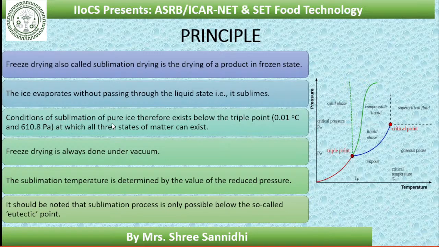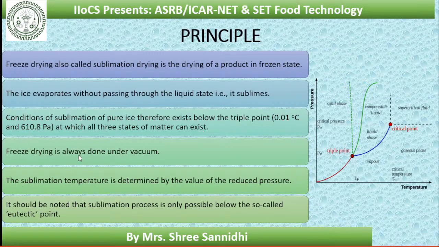So the conditions of sublimation of pure ice therefore exist below the triple point, that is around 0.01 degrees Celsius and 610.8 Pascal pressure, at which all three states of matter can exist.